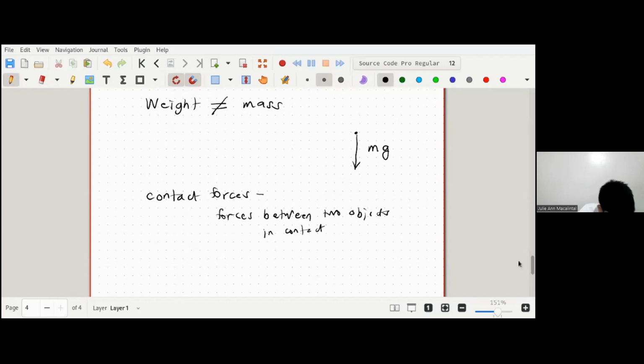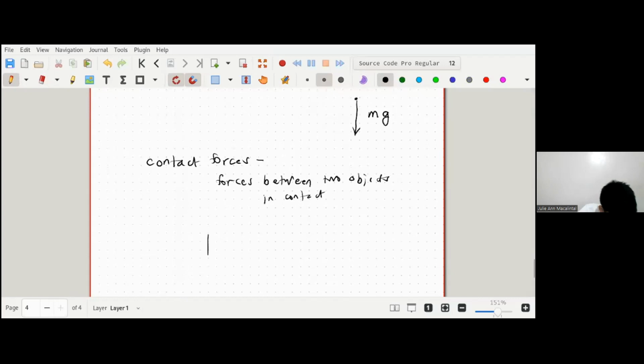So, let me give an example. We have three boxes next to each other, and then a man is going to push one box. So, what are the forces on box A, box B, box C? Assume no friction. Of course, there's friction between the man and the floor.